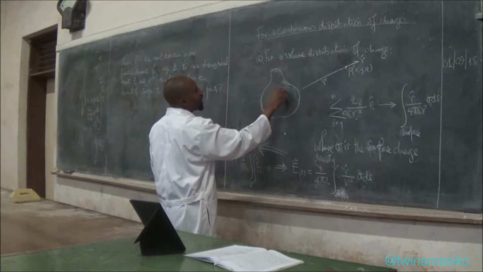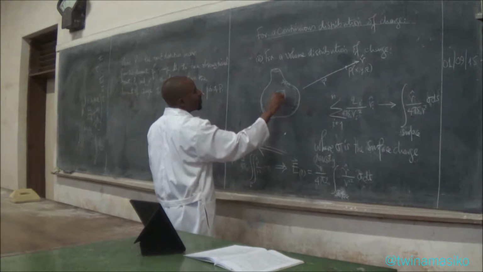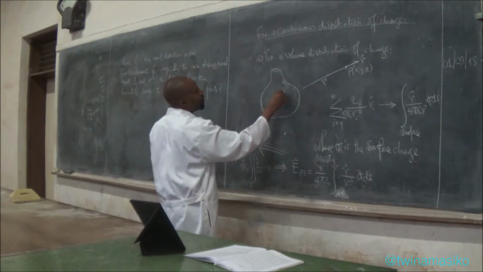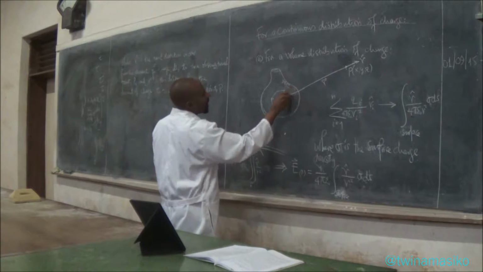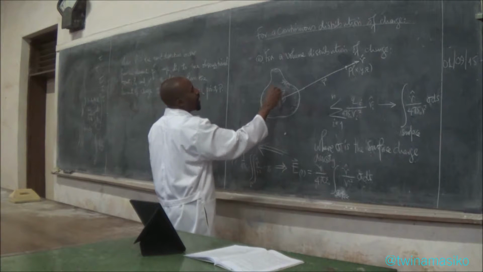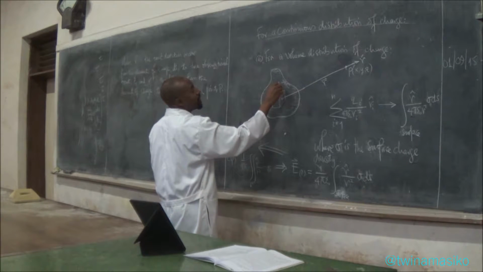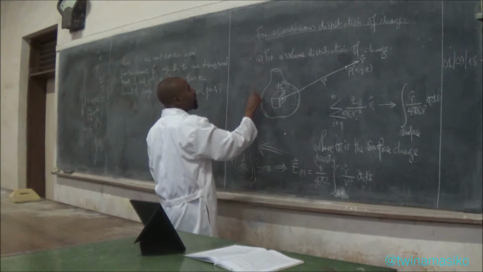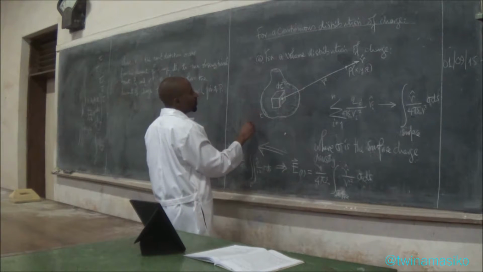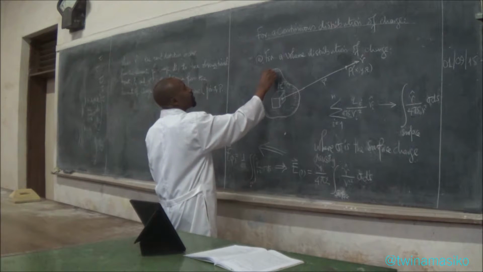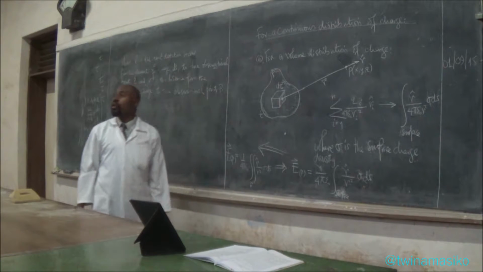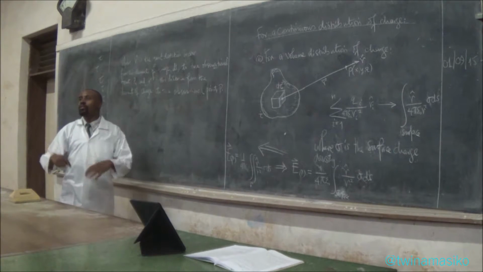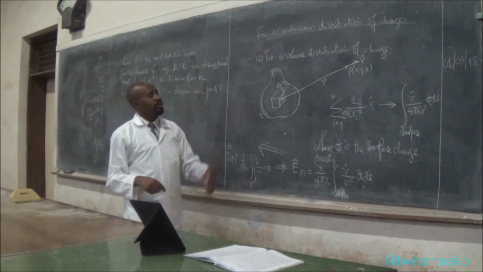And then I take a volume, I slice a nicely put volume here. It has a whole volume tau and has volume charge density rho; it is all sprinkled with charges all over to have a density rho.